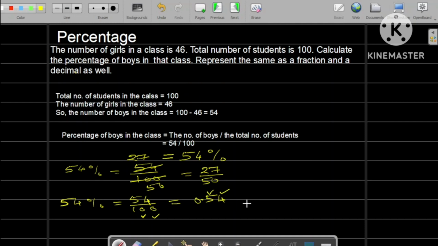So we are having this 0.54. Okay. So this is the thing. So we have got all the answers. The answers are 54% of boys are there, and its equivalent in fraction is 27 by 50, and its equivalent in decimal is 0.54.